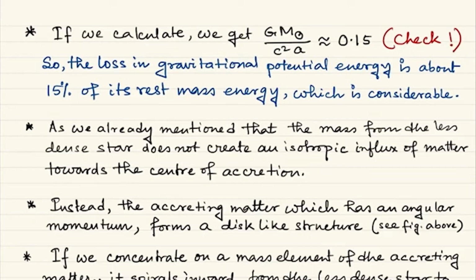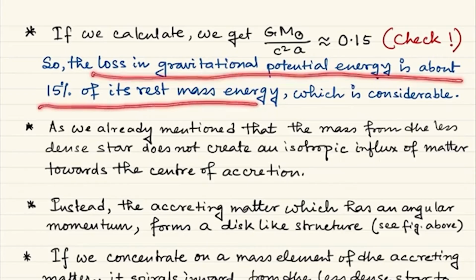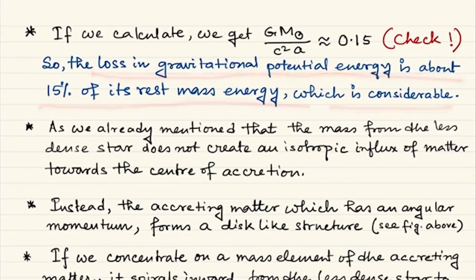Please check that. Okay, I hope there will be an exercise on that in the assignment. So that means that the loss in gravitational potential energy is about 15% of its rest mass energy, which is considerable.